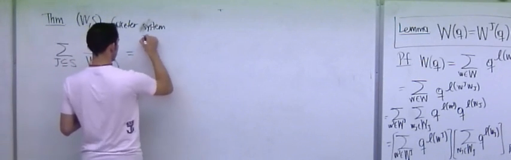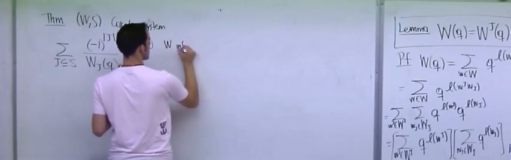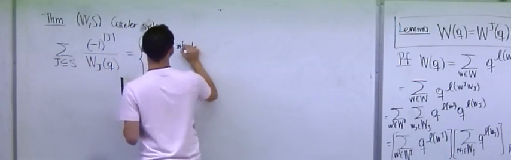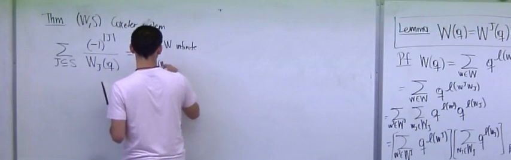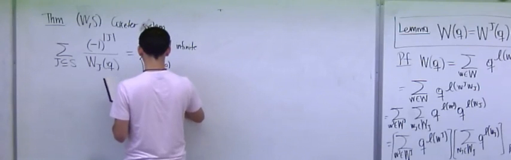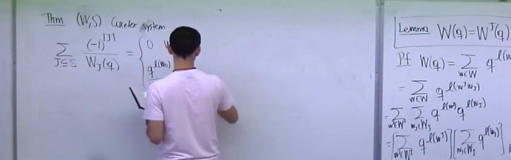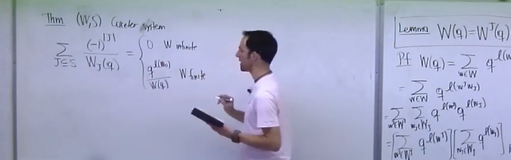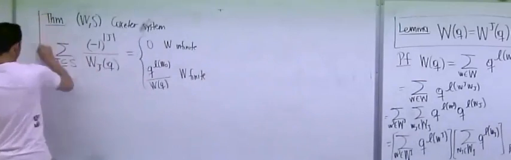You get 0 if W is infinite, or you get Q to the length of W naught divided by W of Q if W is finite. So let's parse this and see what this is actually saying.